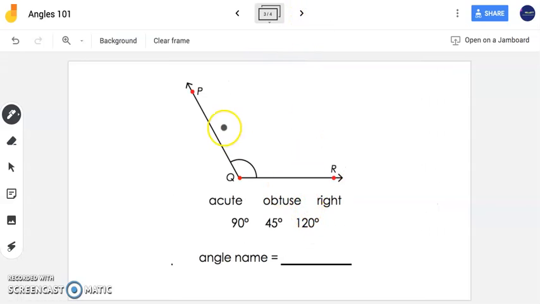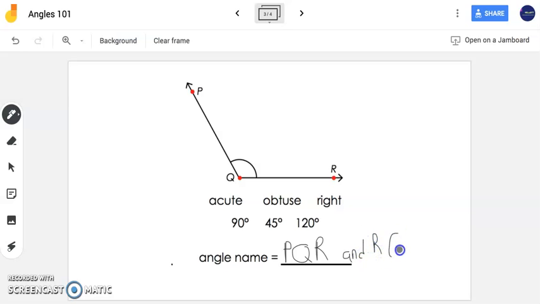In this next angle here, we have angle PQR, or we have angle RQP. So just like I was saying before, we have two options, PQR and RQP.